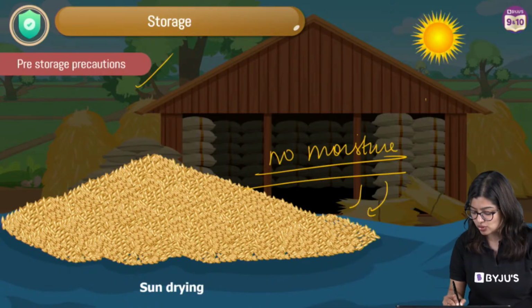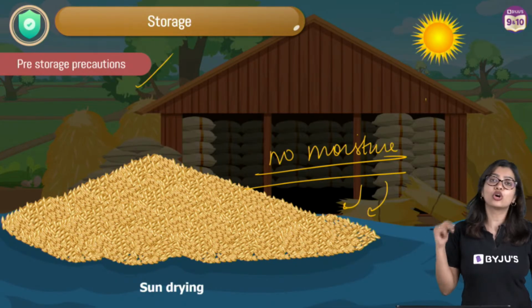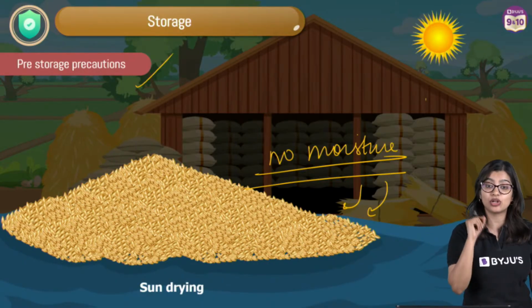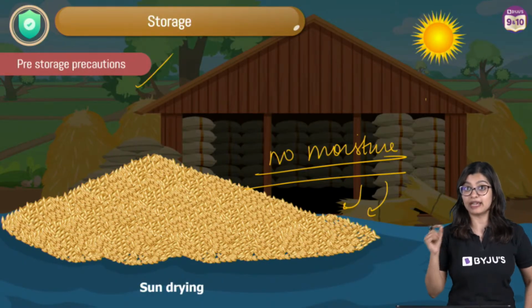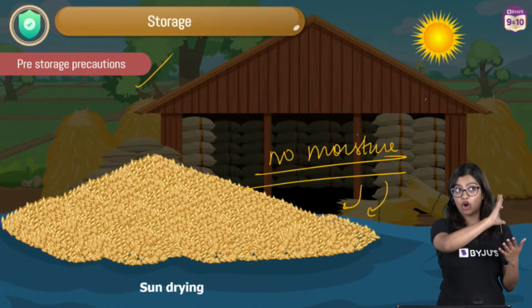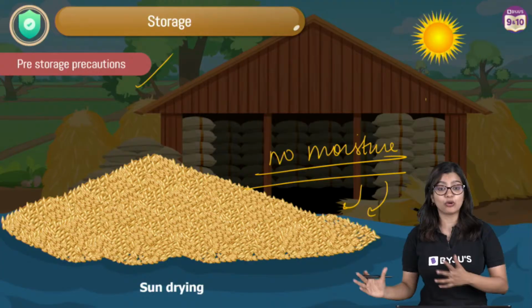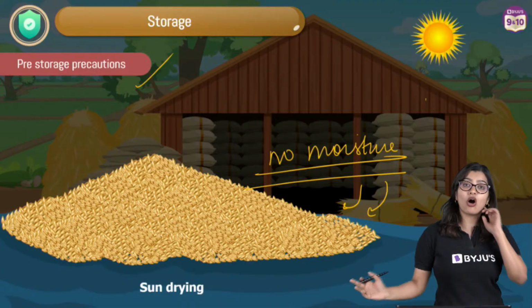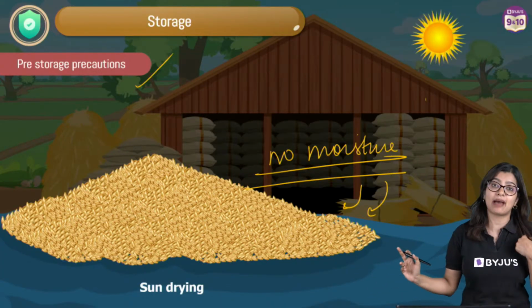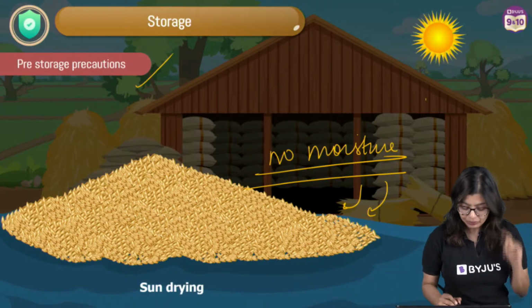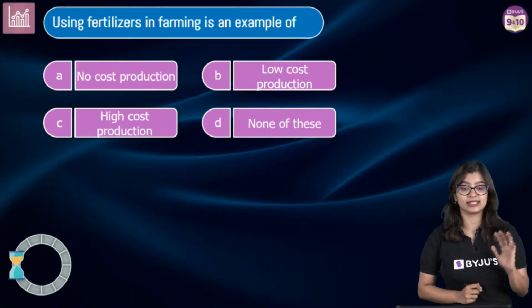And thereby we saw that this would reduce the growth of microbes on its surface, which is why storage is also very, very important when it comes to your crop management, right, in general, because if at the end you put all the efforts and nothing happens, what is the point, right? What advantage are we getting out of it? So that is the reason.